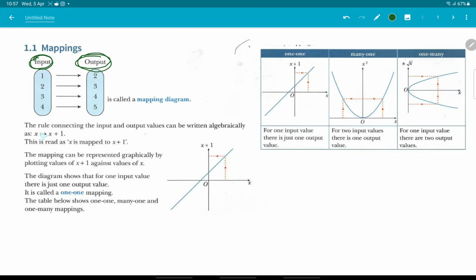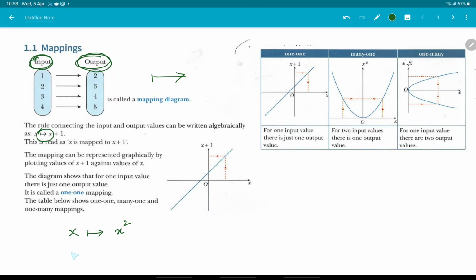When we talk about the mapping we use the arrow like this. Don't use this arrow, this arrow is not correct. Use this arrow, which has a tail here. If I write it like this, we read it as x is mapped to x squared.